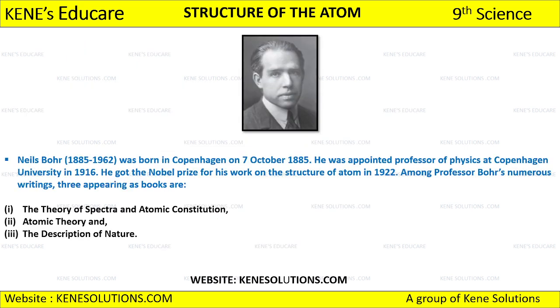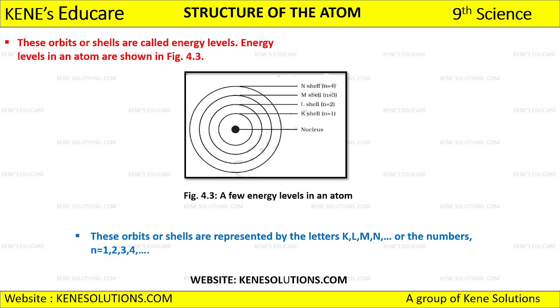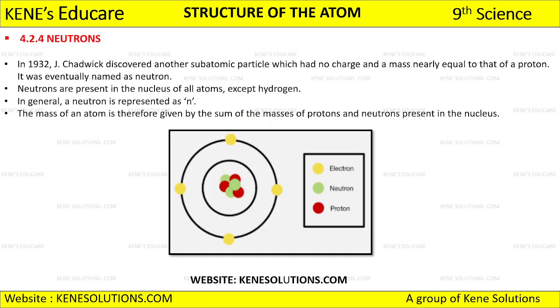Then we will be discussing who exactly Niels Bohr was. We will discuss the four shells, K shell, L shell, M shell, and N shell. All four shells are very important because they have a certain number of electrons within them. Then we'll discuss neutrons in detail.